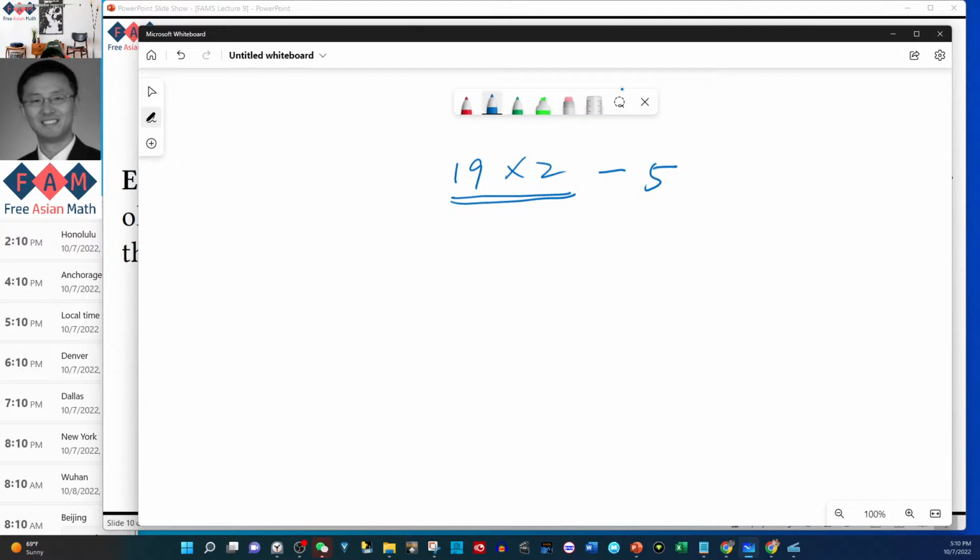So that way, Alice will actually be 4 times Carol's age, right? Remember, Betty, in order to match Carol's real age, needs to get 19 years older. And as a result, Alice needs to further get 19 times 2 years older.